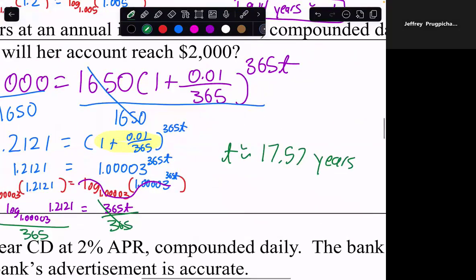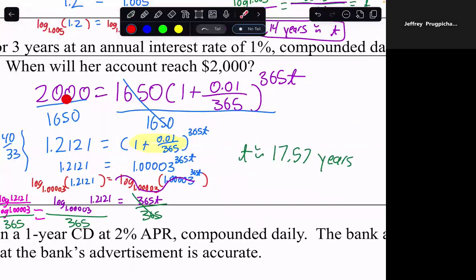Again, this is not a fully precise value because I rounded at so many steps. Here I rounded the fraction to this decimal, then I took the parentheses and rounded it even more. So it adds up to a really big difference. That's the concept of how to get the variable t.